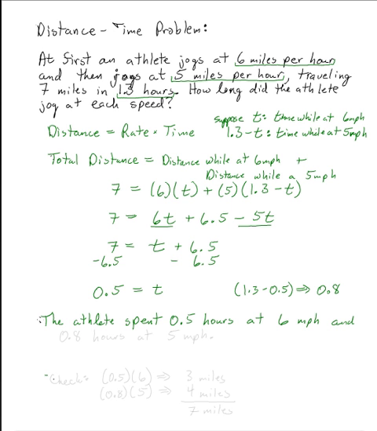The athlete spent 0.5 hours at 6 miles per hour, and the remaining time, which is 0.8 hours, at 5 miles per hour.